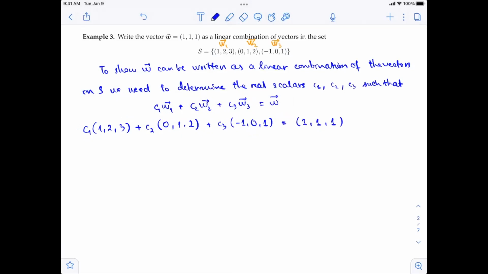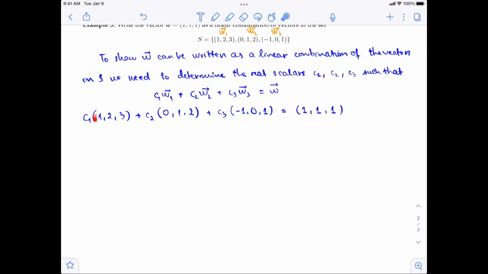Okay, so now I'm going to distribute C1, C2, and C3 into the components of the corresponding vectors. This is scalar multiplication of a vector. So I got (C1, 2C1, 3C1) plus (0, C2, 2C2) plus (-C3, 0, C3) equal to (1, 1, 1).